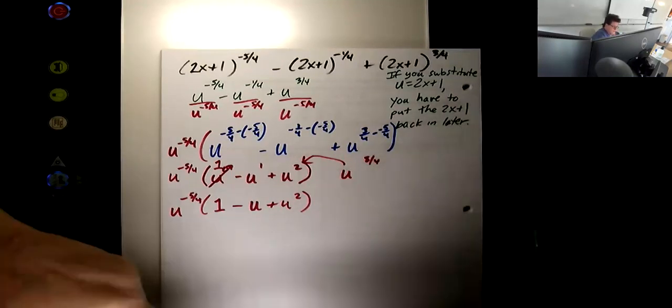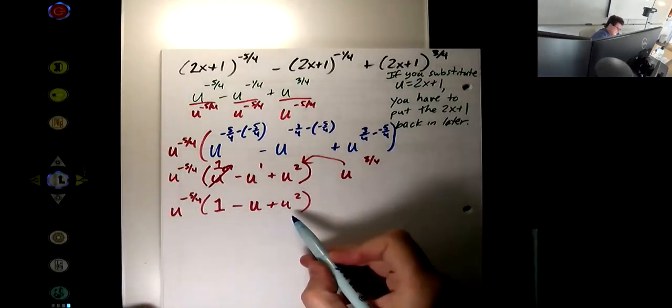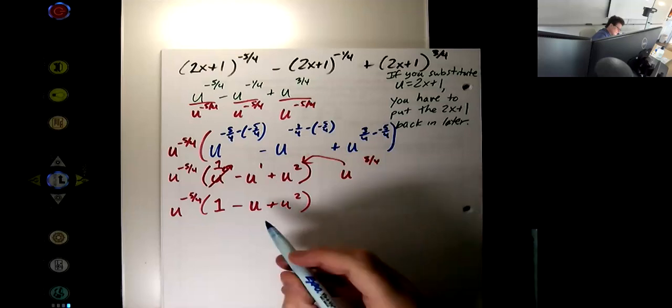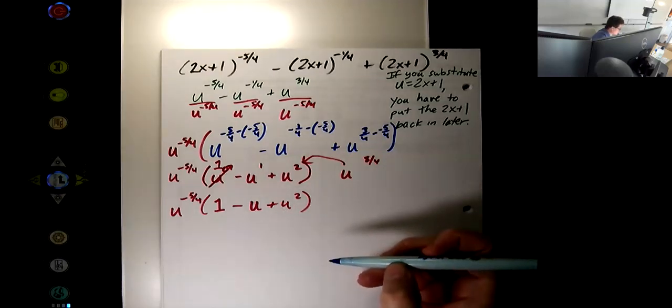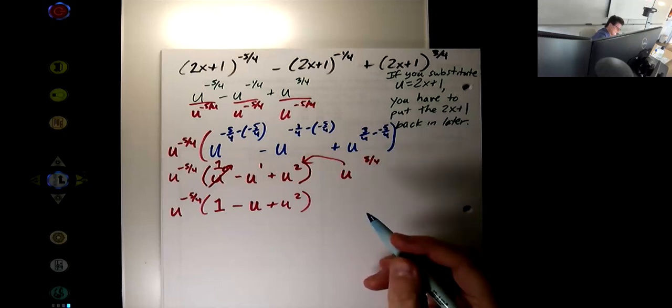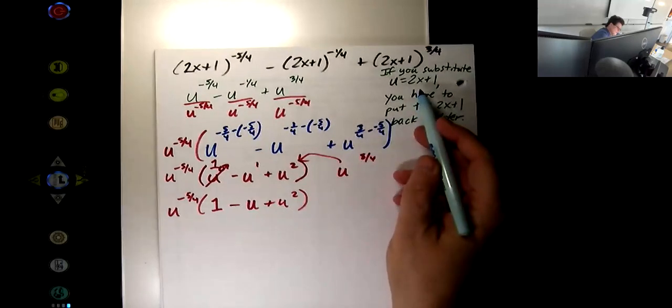And so this doesn't factor anymore, without using some complicated stuff that we don't want to do yet. But we didn't start with u, so we don't want to end with u.